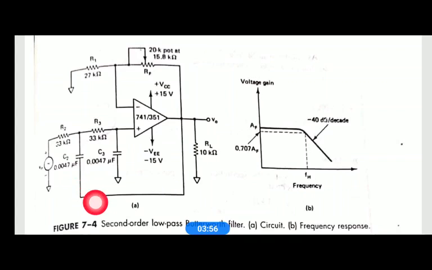In the previous session, the first order filter circuit had only one RC network. Here we have two RC networks: R2 with C2, and R3 with C3.